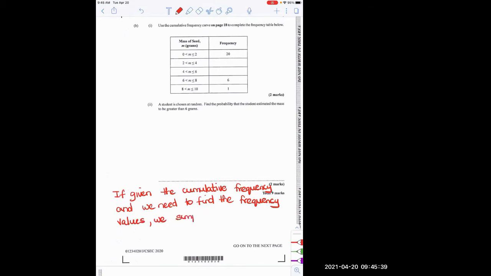If given a cumulative frequency, and we need to find the frequency values, we simply subtract corresponding values.